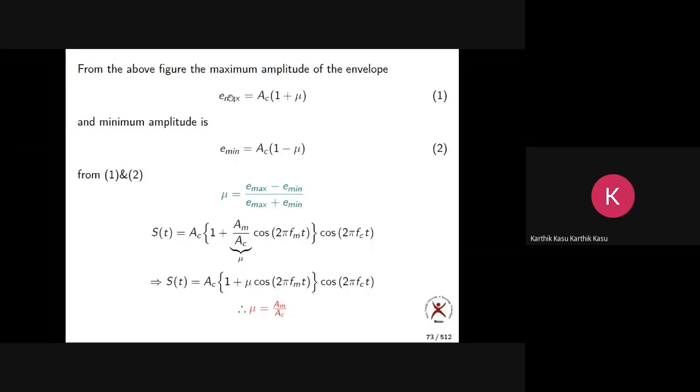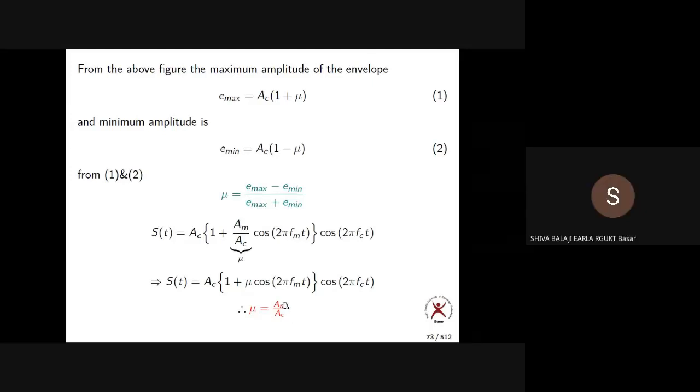First you should know what E_max is: the maximum of the envelope. And E_min is the minimum of the envelope, so you should get it from the waveform. Sometimes we use mu equals A_m by A_C. If the problem does not give the envelope values, you have to calculate with this A_m by A_C. What is A_m?